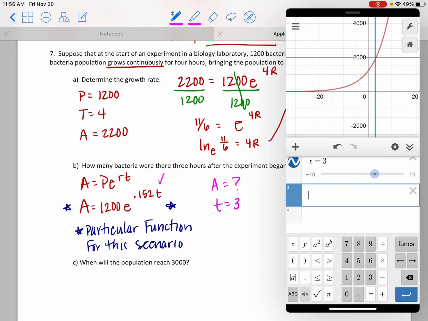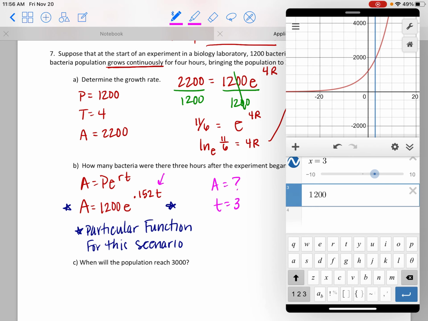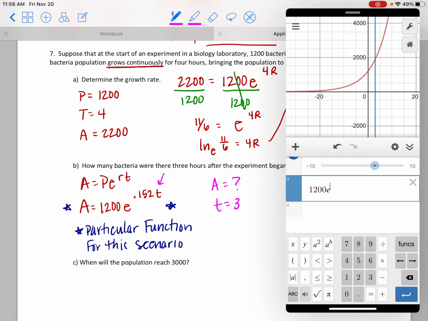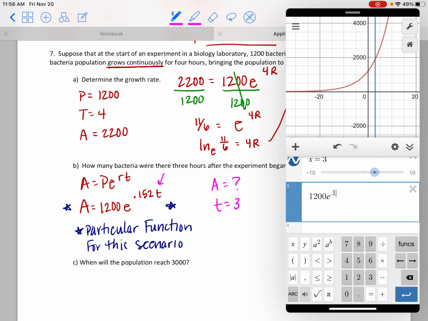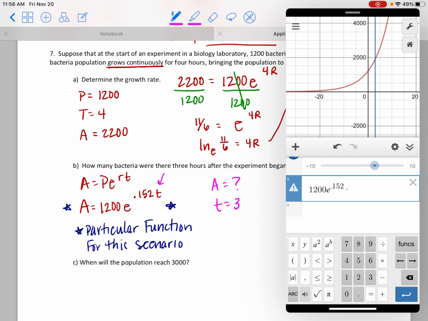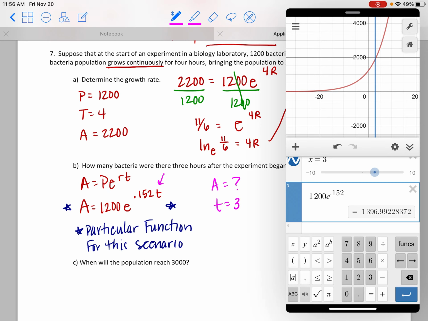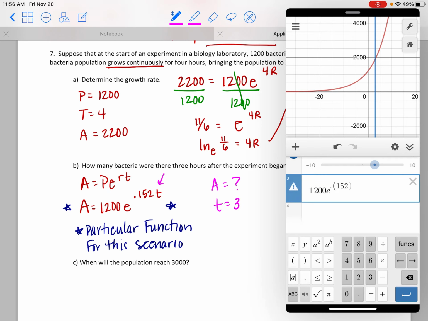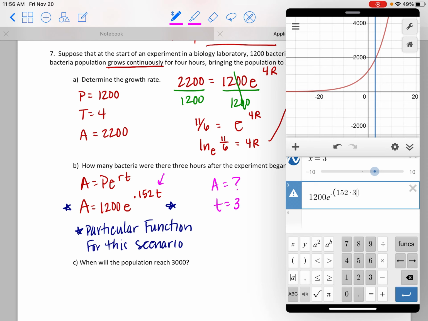Okay, whereas if you just plugged 3 in for t, you'd get the same thing. So you can just put 3 in for t right there, 1,200 times e raised to the 0.152, I'm going to have to put that in parentheses, times 3 power.